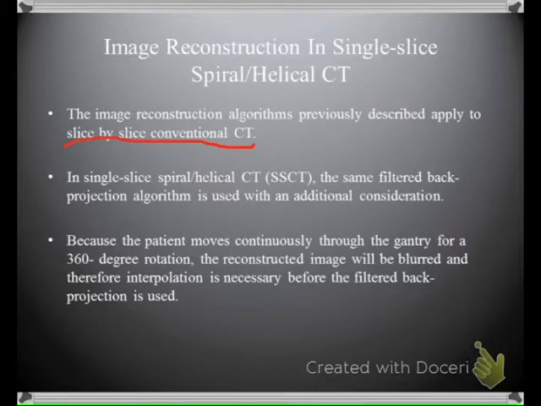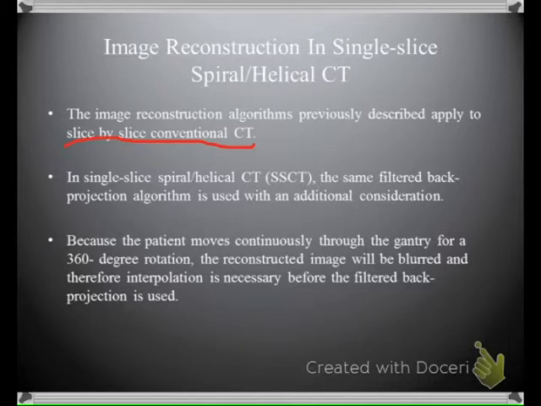This is a result of the patient moving continuously through the gantry during 360 degrees of rotation. The reconstructed image has a tendency to be blurred, because as the tube is rotating, the patient is actually moving, so there would have to be blur simply as a result of the patient moving on the table.